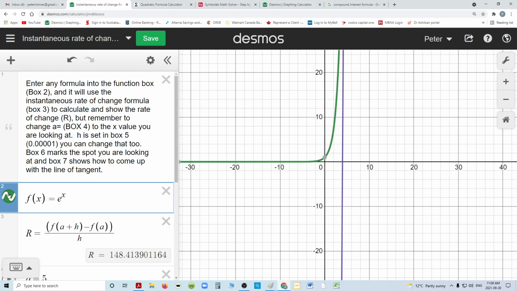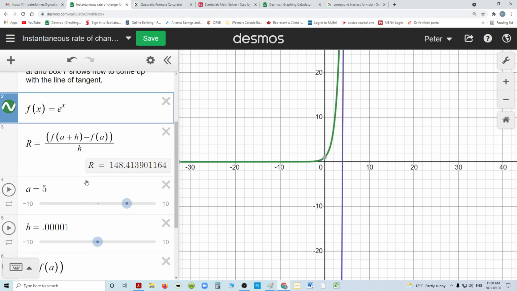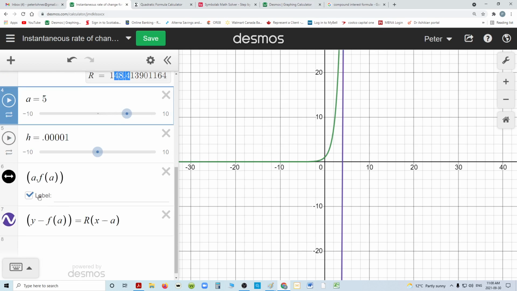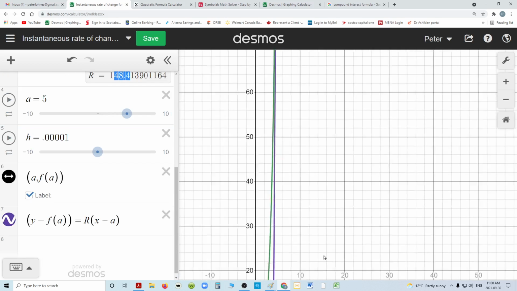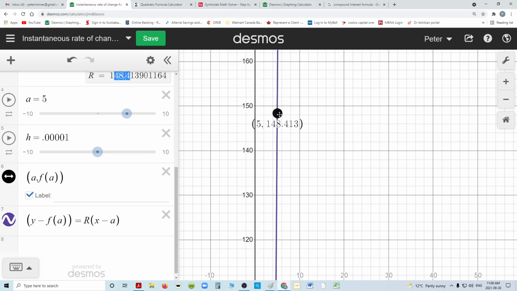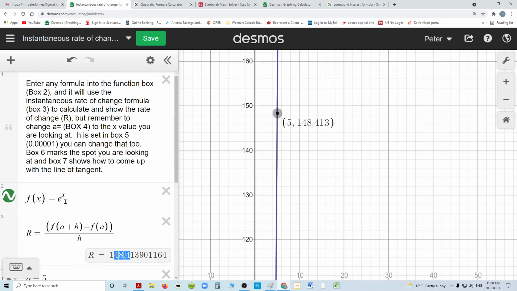Okay, and we're going to turn on that graph. Okay, and we're going to look at what rate of change we get when x is 5. Okay, we get 148. Let's go look at that value on the chart, see where that is. There it is. It's 5, comma. Well, what's the y value? Well, we know the y value is e to the power of x.